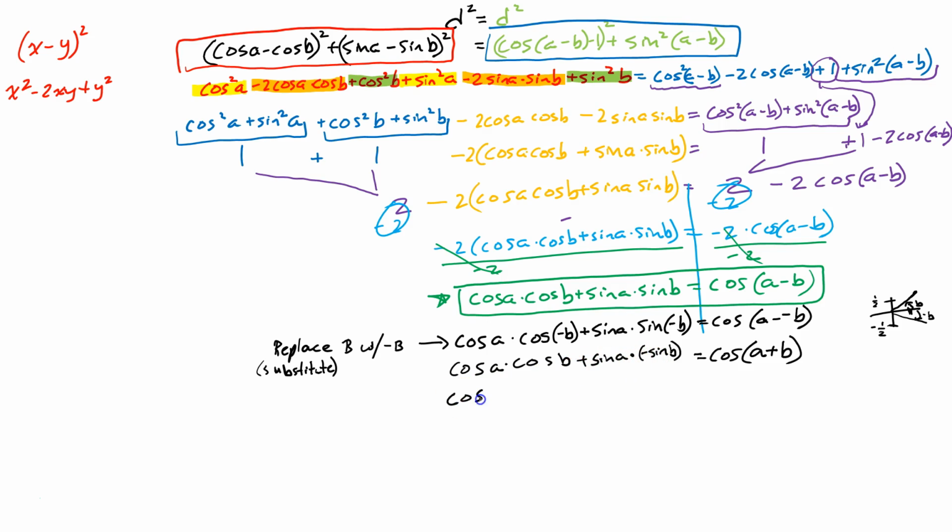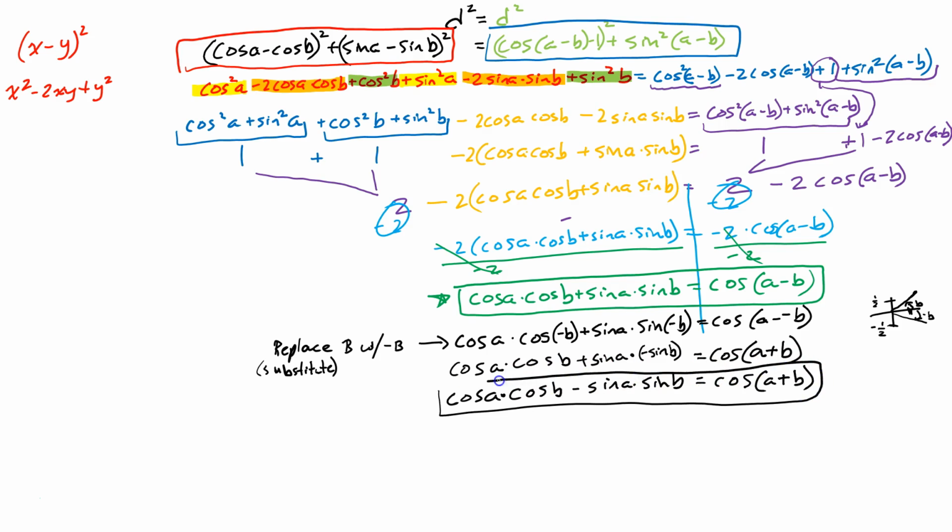So what it does is it makes this plus sign become a minus. That negative floats out to the front, and you have your sum formula for cosine.